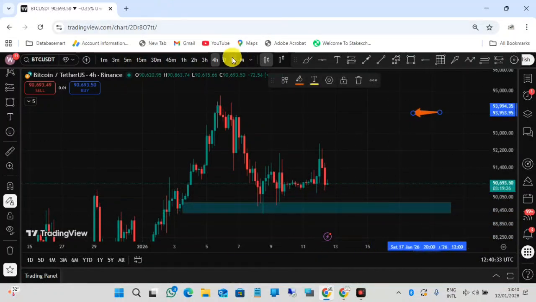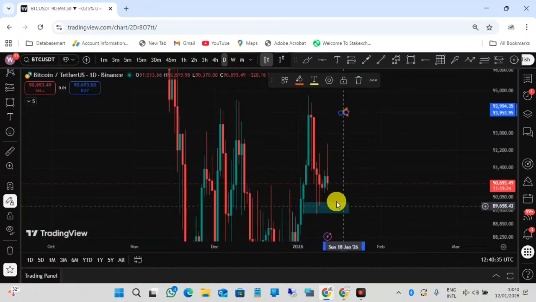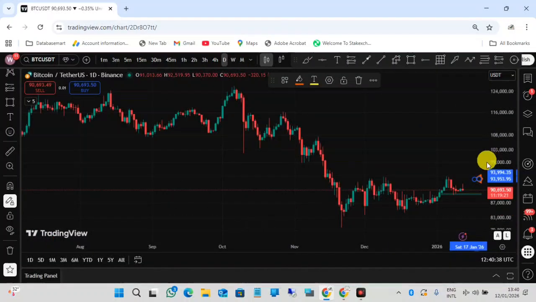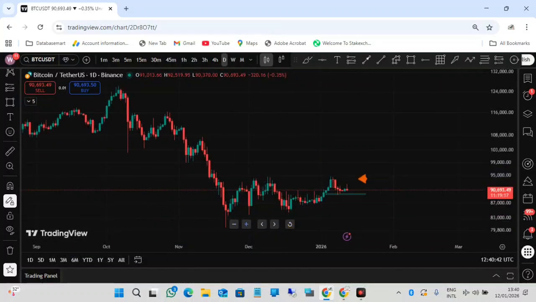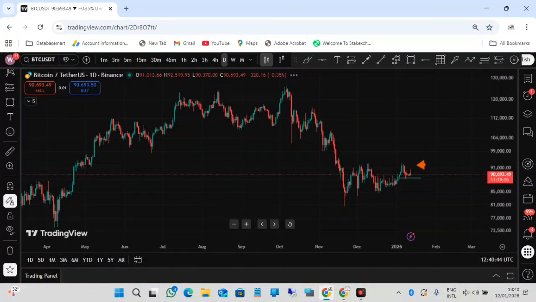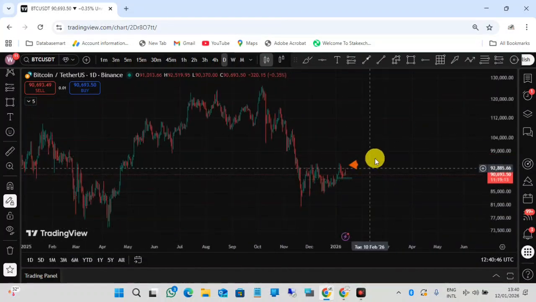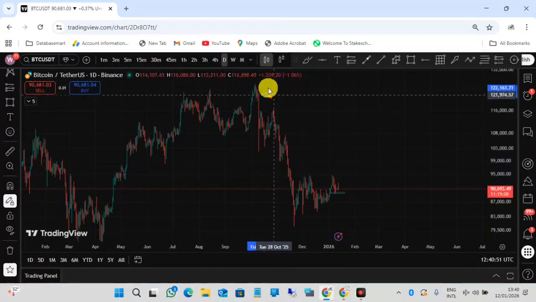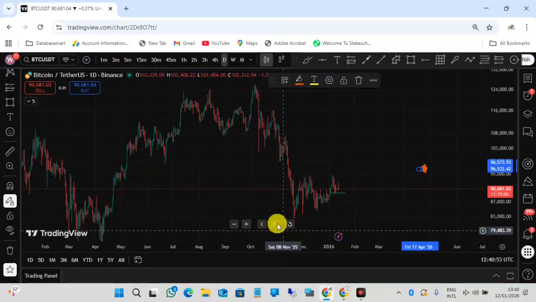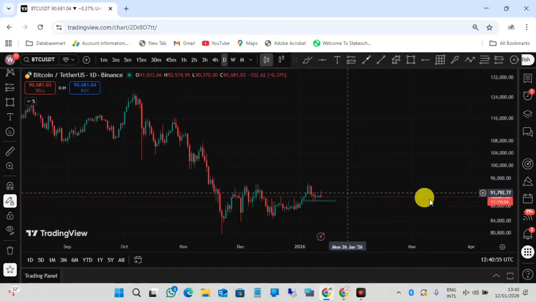When you check the daily candle, you are going to see that BTC has also been falling for some days. When you check the market very well, you can see BTC keeps falling from this level to this level on this chart.